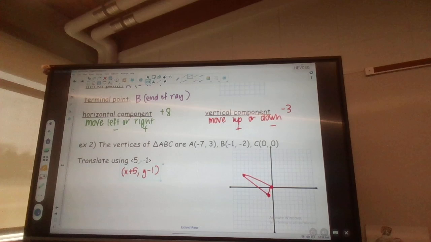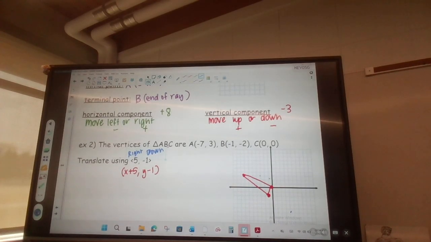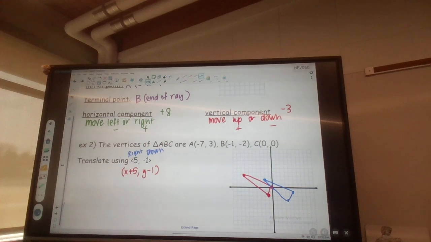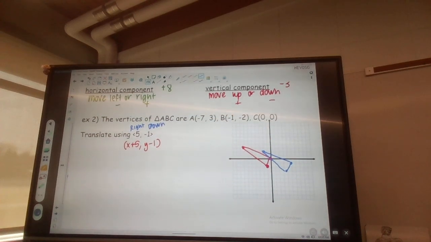But all I'm doing is it's telling me to move these right 5 and down 1. So I'm going to take all these points and move right 5, down 1. And so then our new triangle. Okay. So hope that seems reasonable.